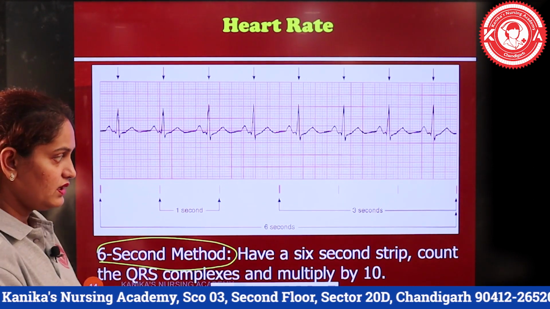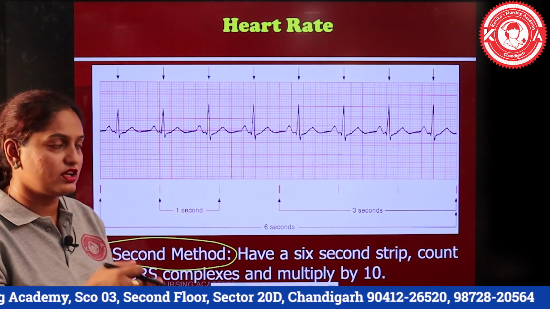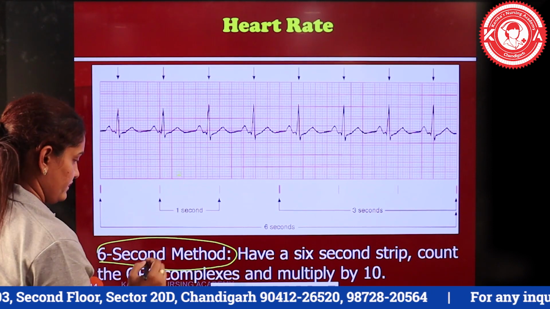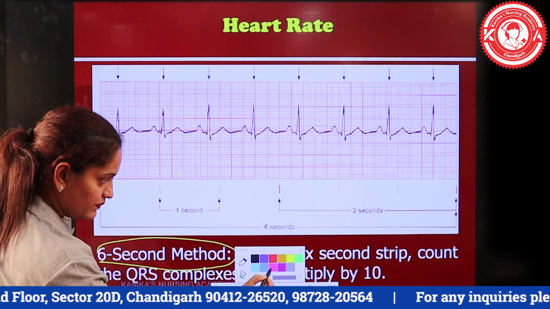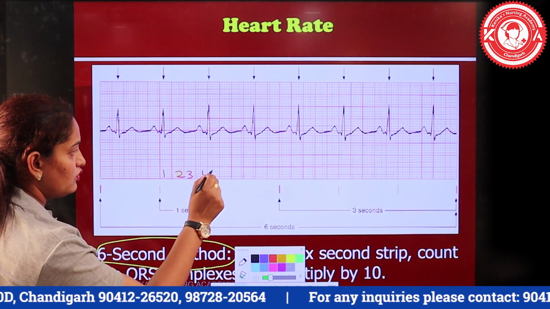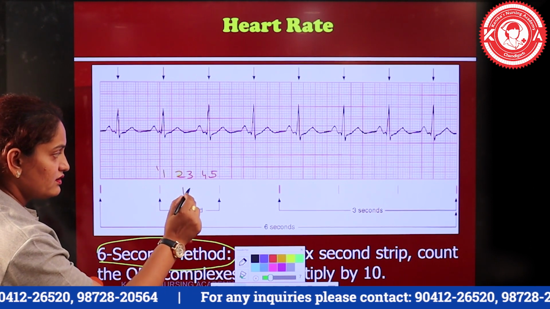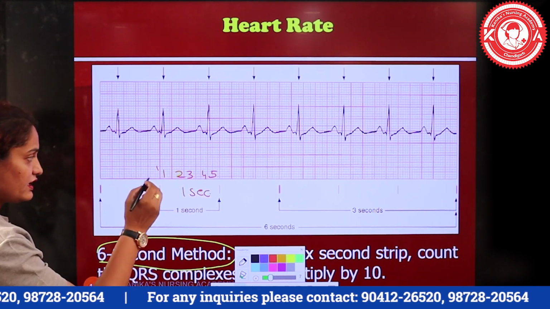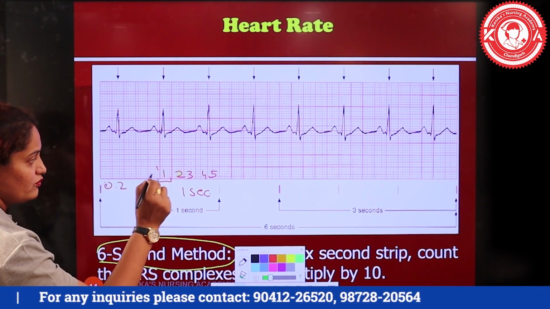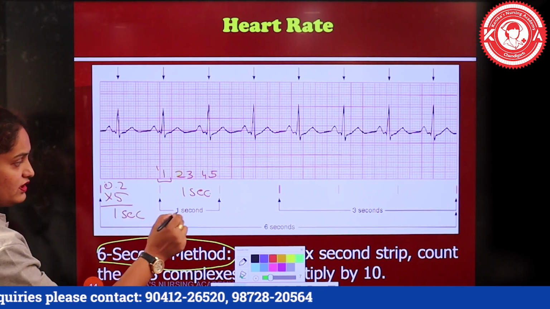If you remember, in the previous slides we discussed the time duration, and there we mentioned that 5 big squares contribute to 1 second. Where did this 1 second come from? 0.2 seconds for one big box, multiplied by 5, came out to be 1 second.